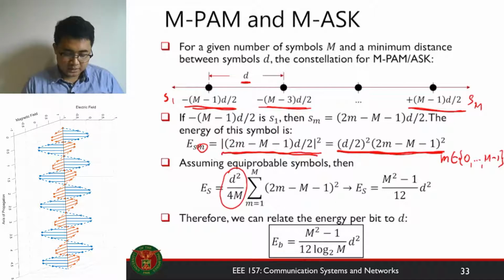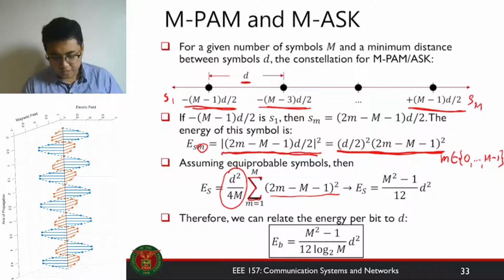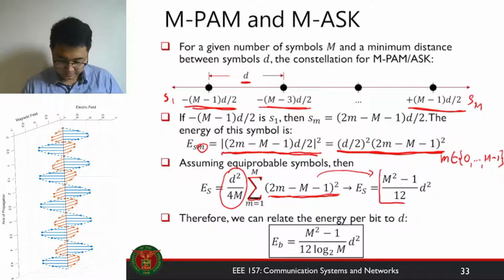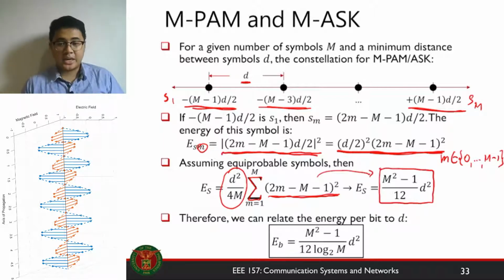You sum this over all symbols m. Okay? You perform a bit of integer algebra here. So this equation will actually simplify into this. And if we get the energy per bit, you just divide this by the logarithm of M base 2. You get this equation right here.